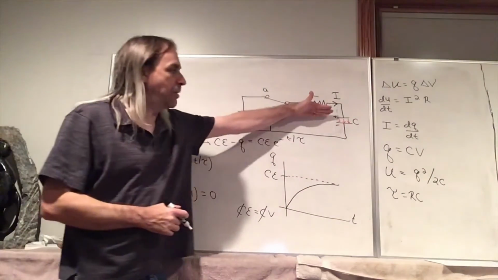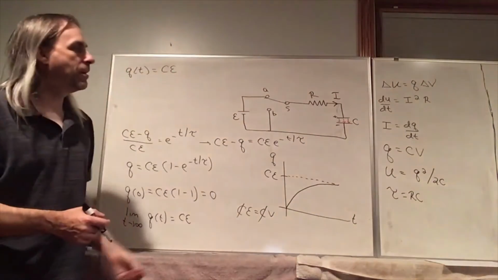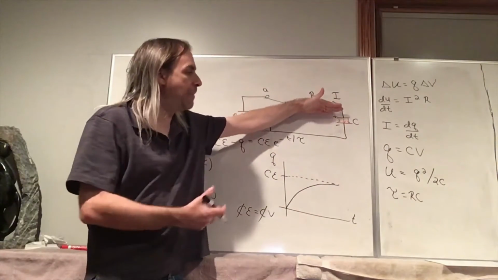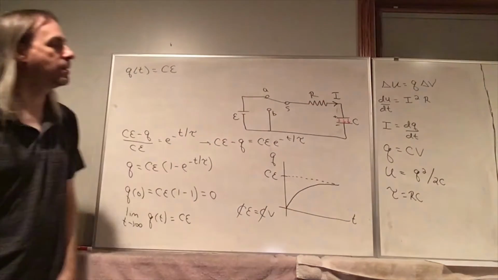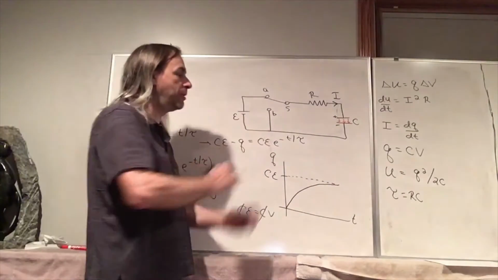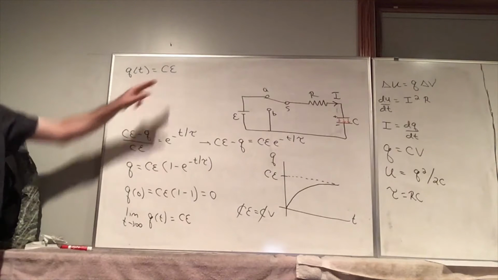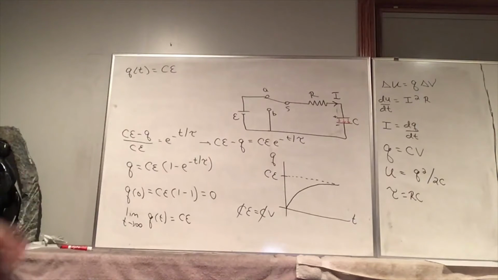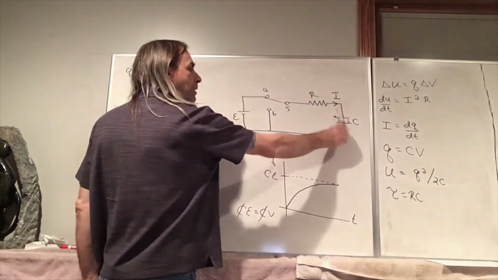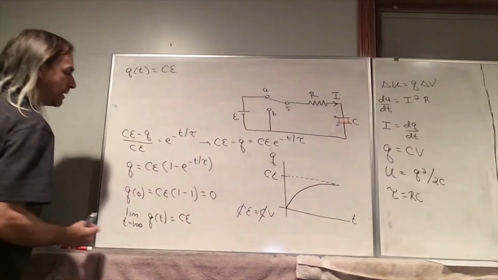And this plate is already positively charged, so you're trying to force more positive charge, but the charge you're placing is being repelled by the positively charged plate. And so, the more charged that capacitor becomes, the harder it is to put additional charge on it. And once you reach this value, the battery is done. It can't force any more charge because the potential across the capacitor is equal to the EMF of the battery, so it stops.